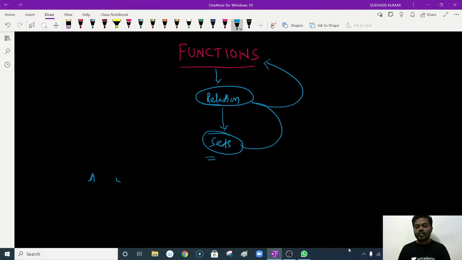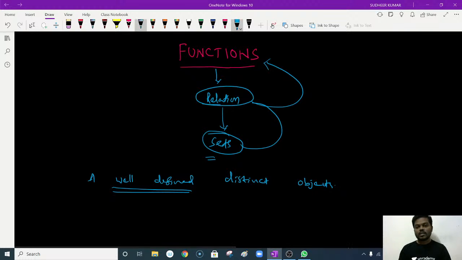A set is a collection of well-defined distinct objects. This term, well-defined, is very important.